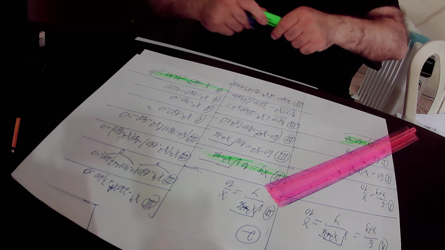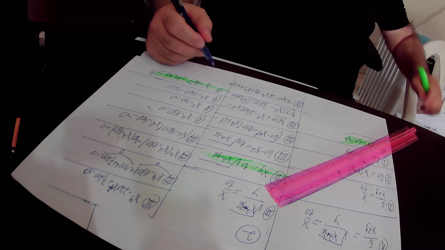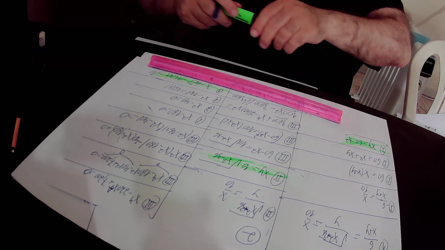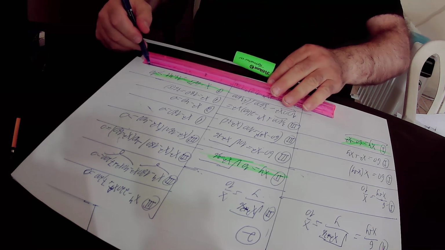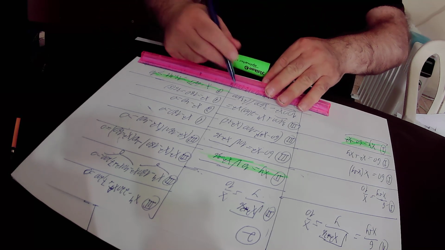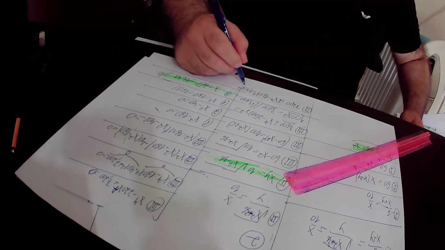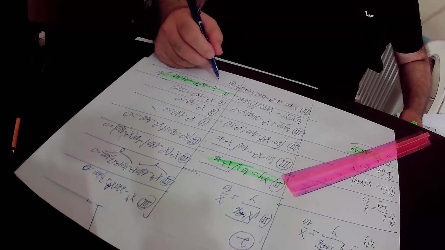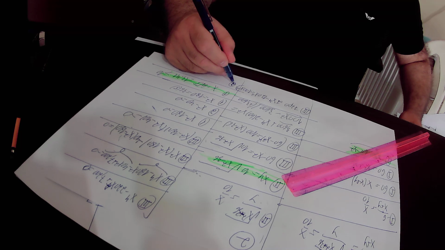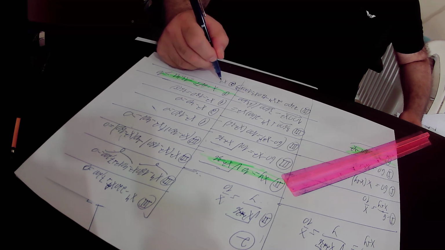And according to the second solution, we will get that x squared equals to 40.